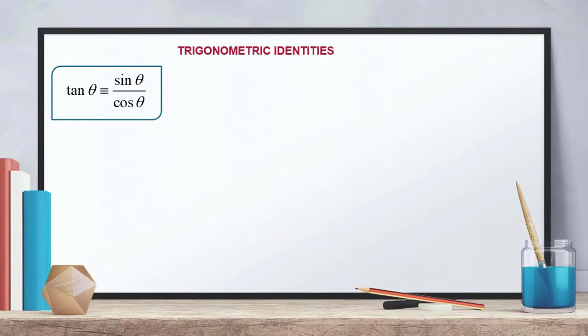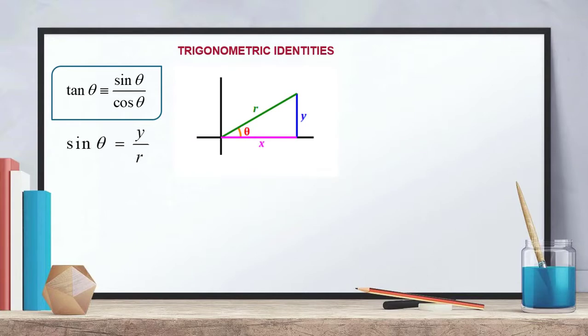And where does this come from? Let us consider this right angled triangle. From the right angled triangle, we can show that the sine of theta, which is the opposite over the hypotenuse, is simply y divided by r.